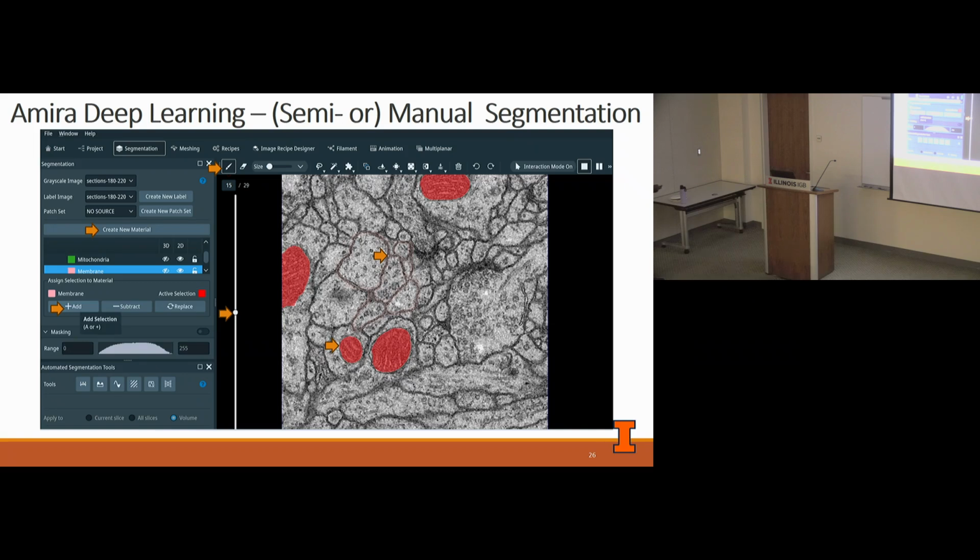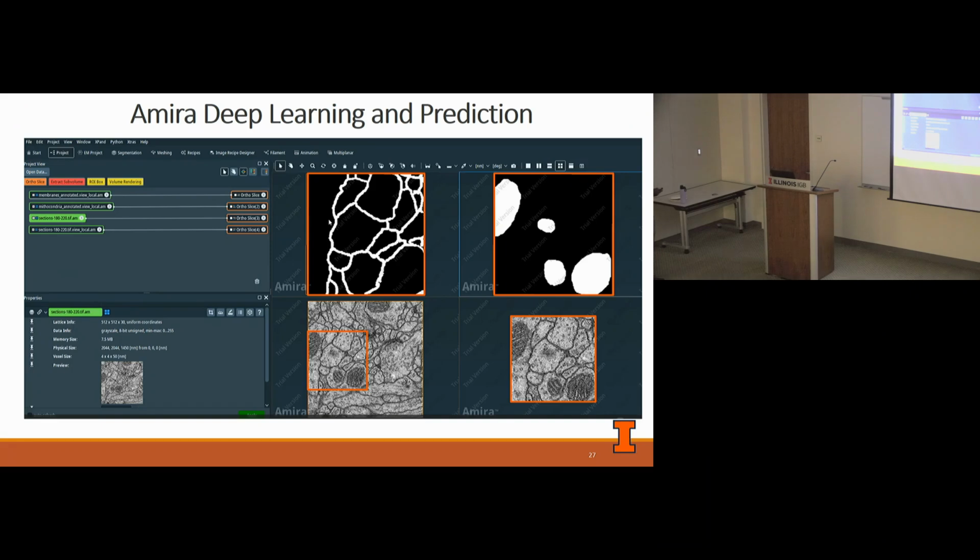The first material that I created there is the mitochondria. Then you do the same thing on the membranes: you create a new material, and then you add it to the membrane. So I have two materials created. And then what I want to do next is come back to the project view.